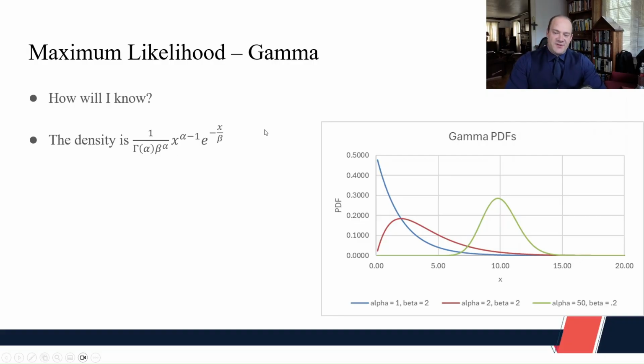So the PDFs look like this, and you ask again, how will I know? It might be wacky looking, but one of the nice things about the gamma distribution is that you are able to play around with the relationship between the mean and the variance. So how will I know this is the thing I should be using?